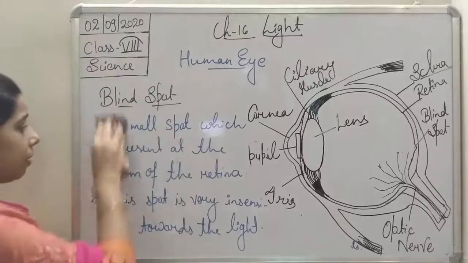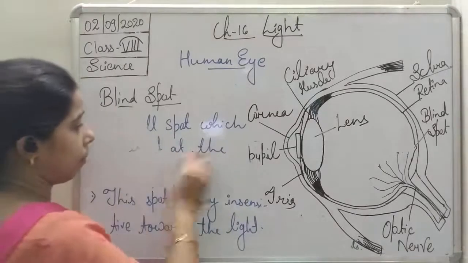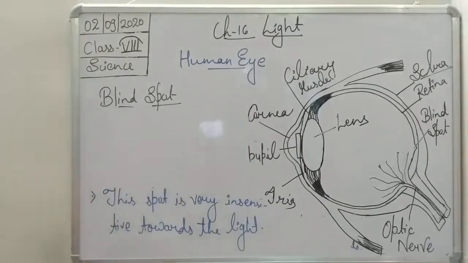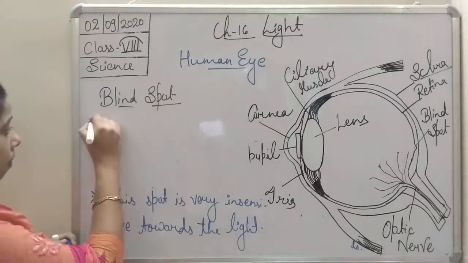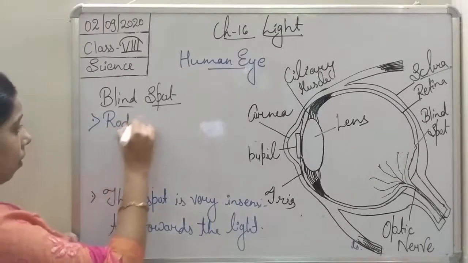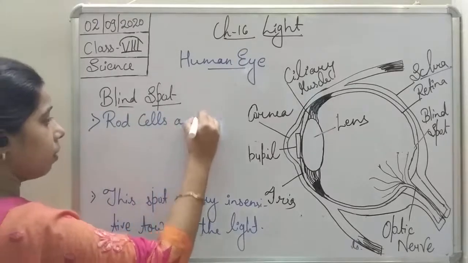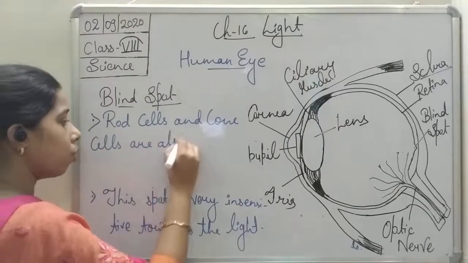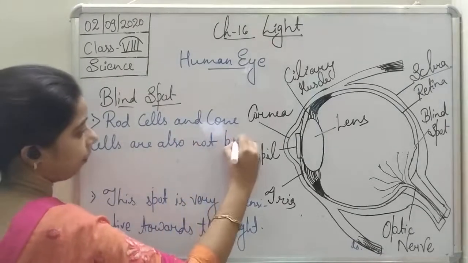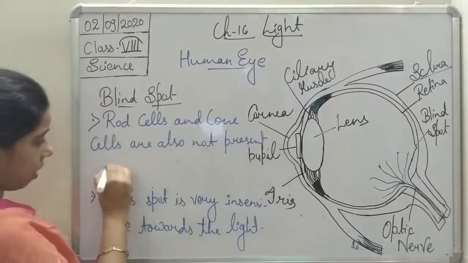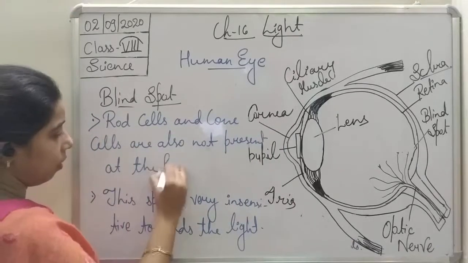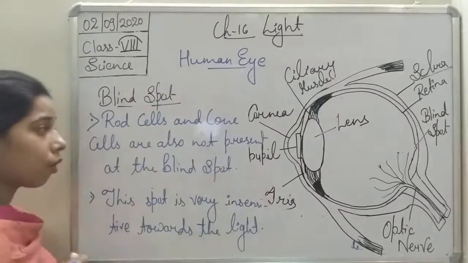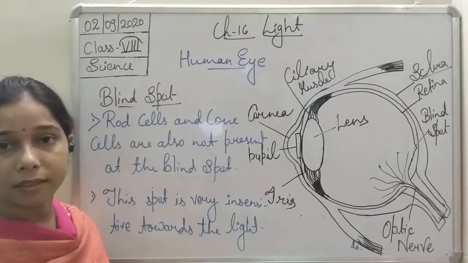So you can write it that rod cells and cone cells are also not present at the blind spot. Okay, so rod cells and cone cells are also not present at the blind spot.